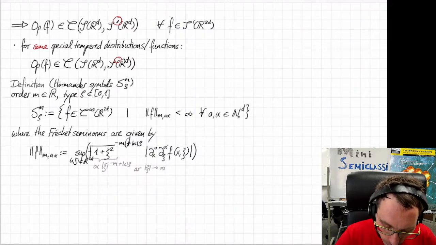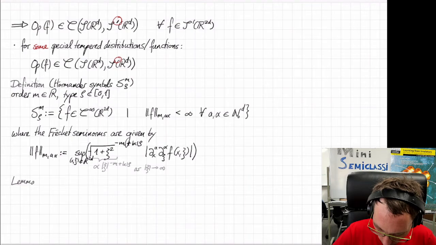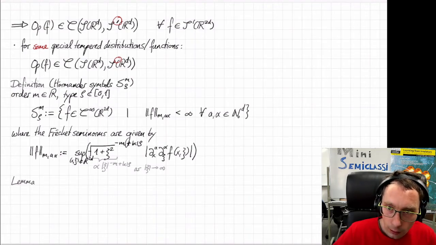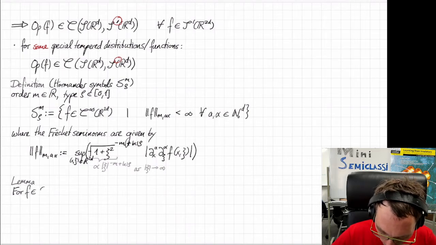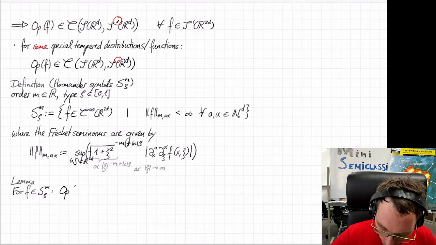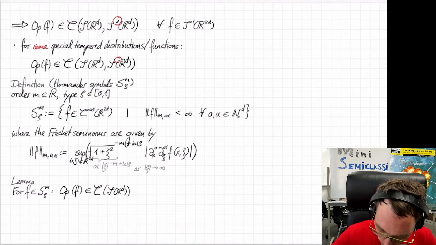And let me just close this part too by saying that for Hörmander symbols, it is true that their quantization gives us continuous maps between S and itself.